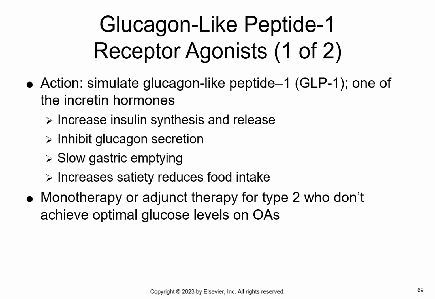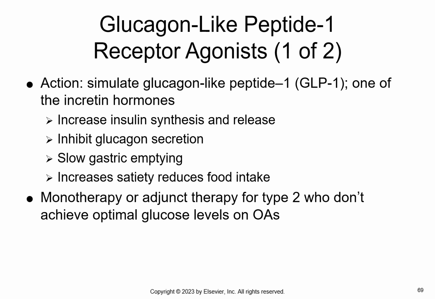It is decreased in people with type 2 diabetes. These drugs increase insulin synthesis and release from the pancreas. They inhibit glucagon secretion. They slow gastric emptying and reduce food intake by increasing satiety. They may be used alone or with another type 2 diabetes treatment when OAs have not achieved optimal glucose level.